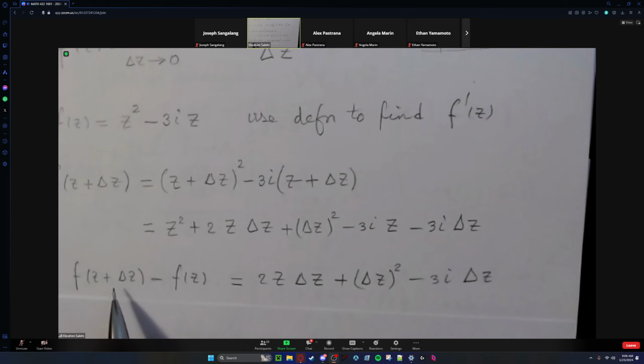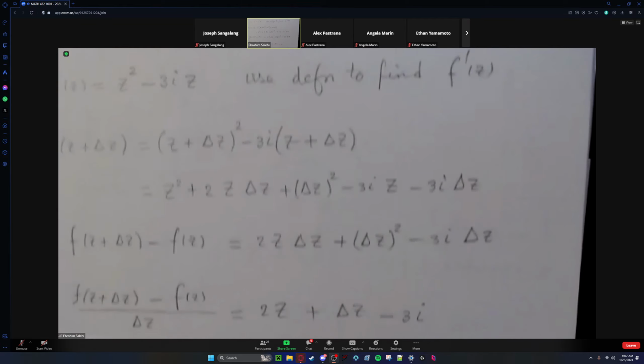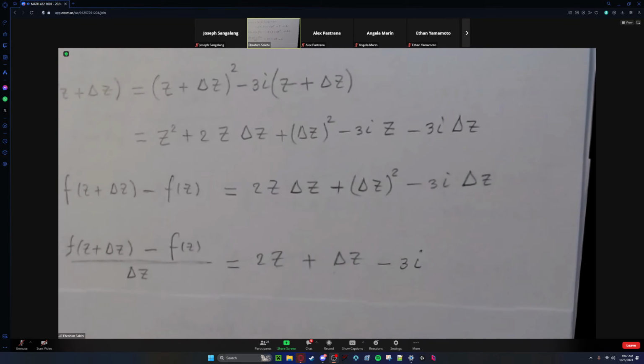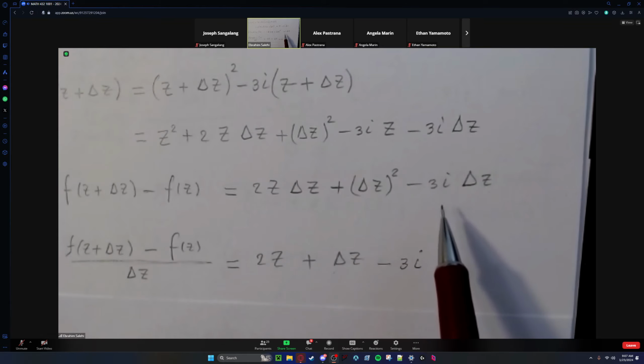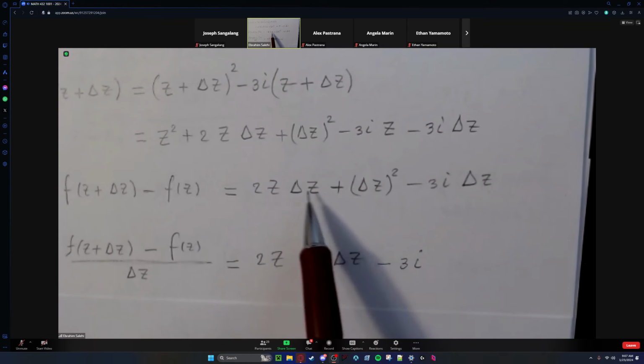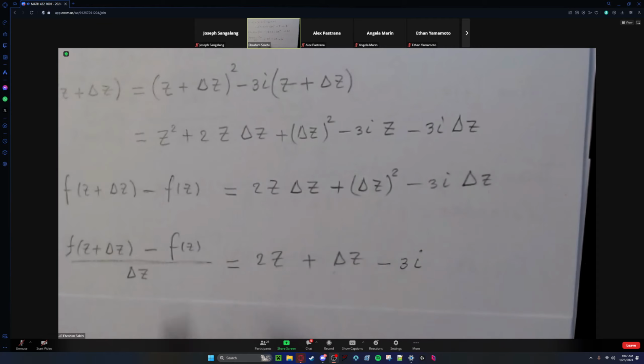If you form the numerator and simplify, this is what you get. Now, this has to be divided by delta z. Here, I can factor delta z out of these three terms, and when you divide by delta z, that's canceled. So you get this.